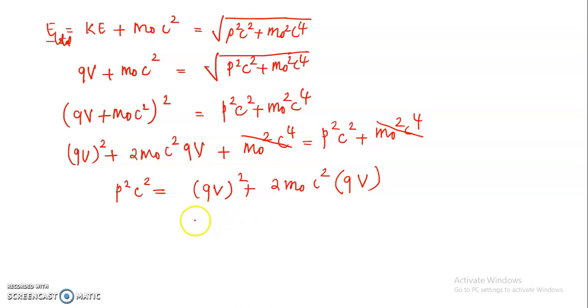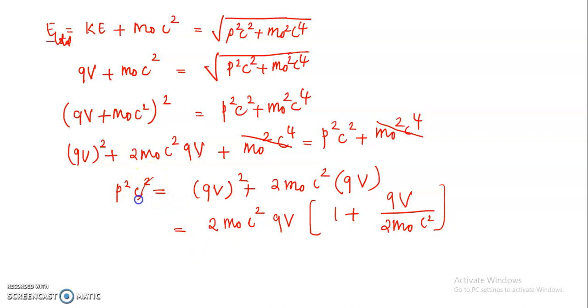Taking 2 m0 c square QV outside, we get 2 m0 c square QV into 1 plus QV divided by 2 m0 c square.